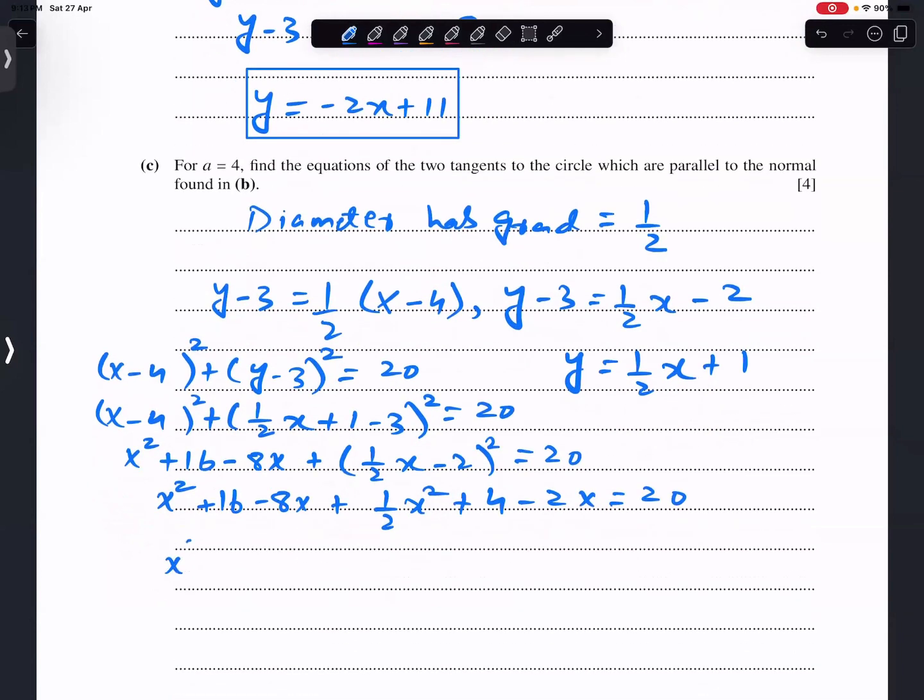So x square minus 10x, x square plus half x square. So that will be 3 by 2 x square minus 10x. And then 16, 4, 20 will be cancelled out with each other. So you can take x common. 3x over 2 minus 10 equal to 0.